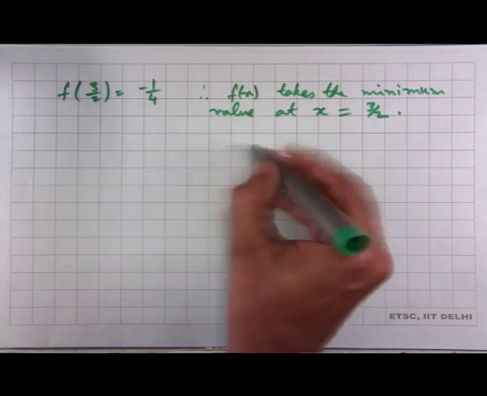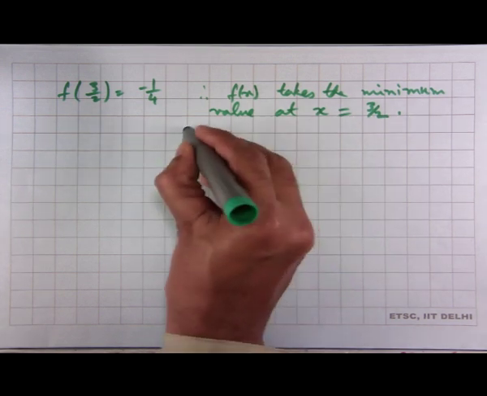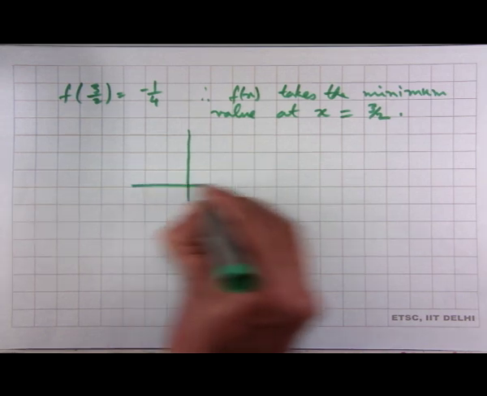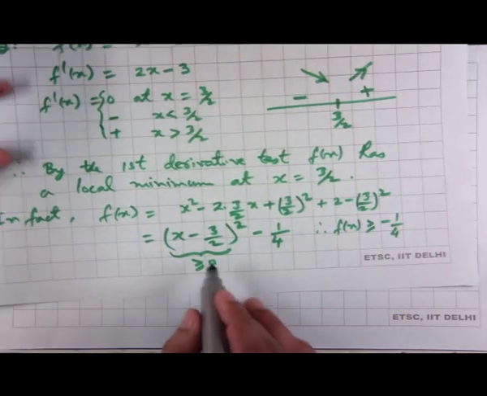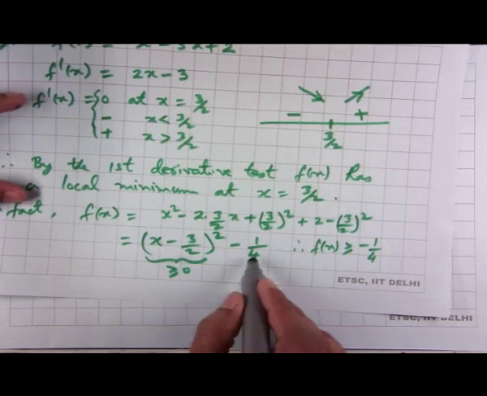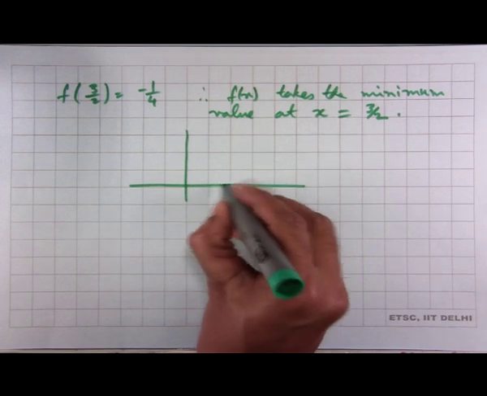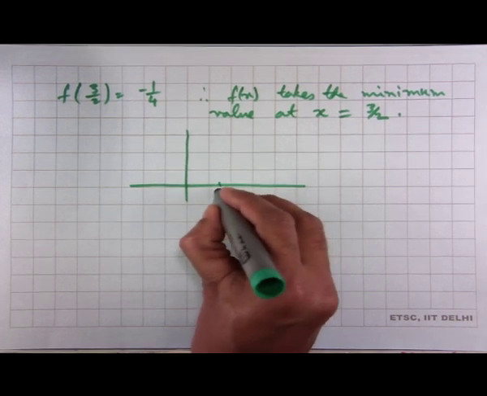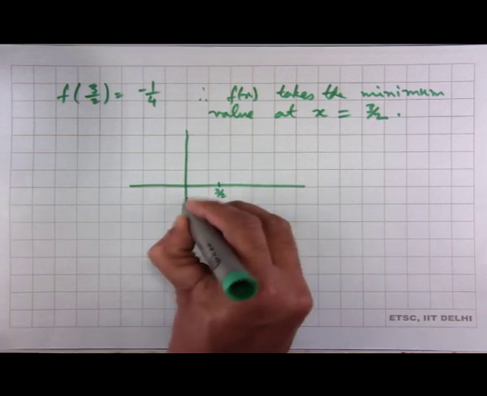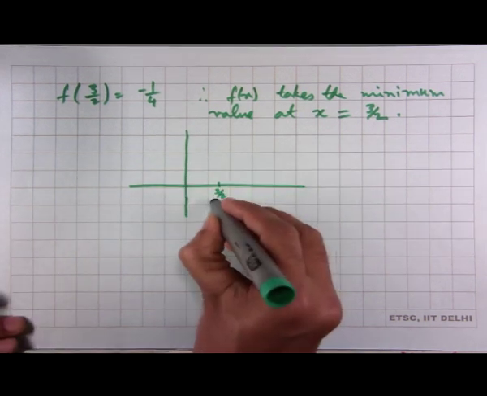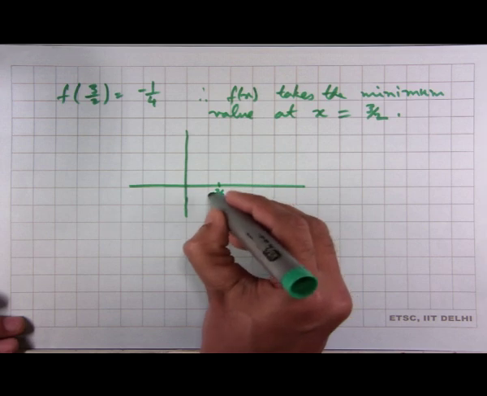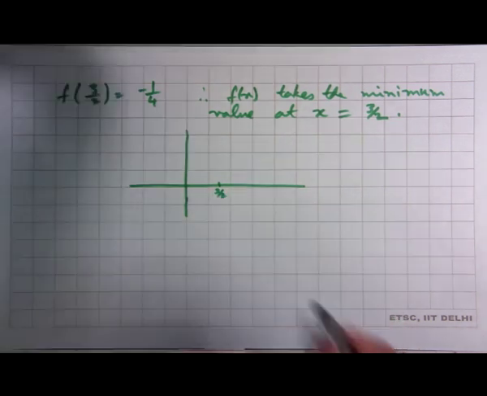Here if you draw the graph, f of x is equal to x minus 3 by 2 squared minus 1 by 4. So, at x equal to 3 by 2, this takes the value minus 1 by 4, and you can plot this. This is a parabola.